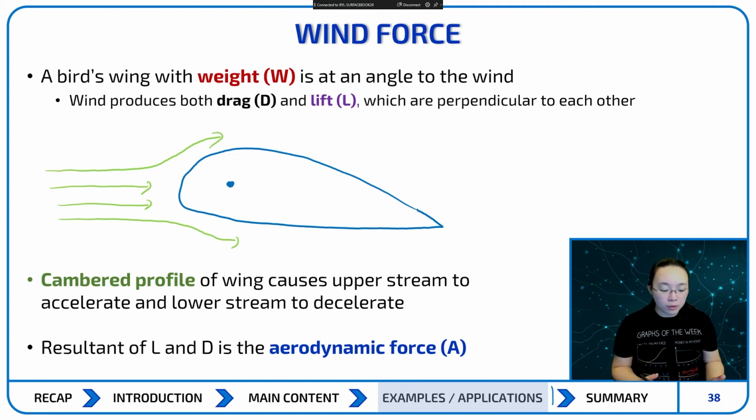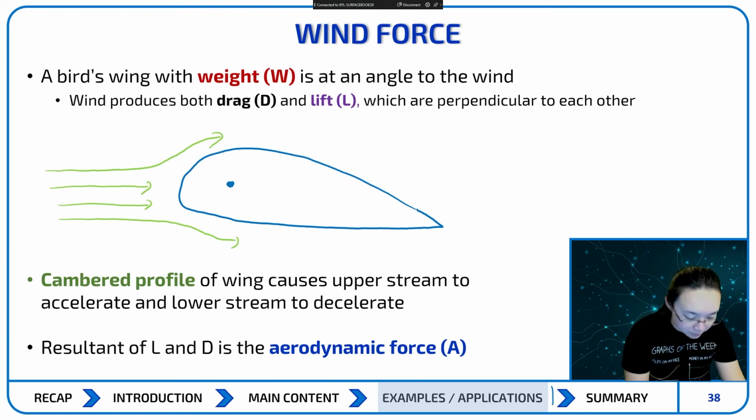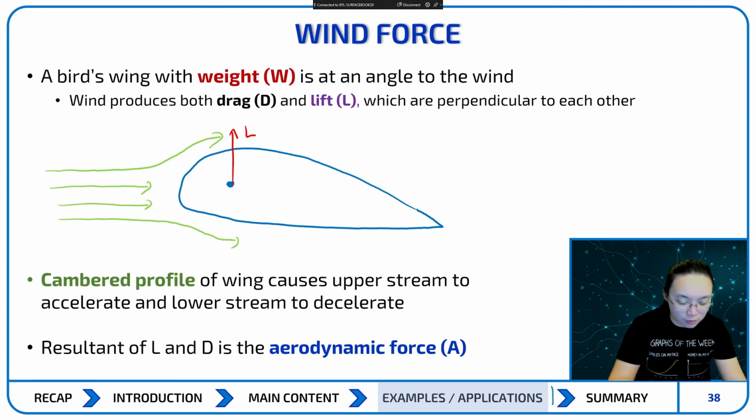So wind is going to blow faster above the wing than below, and then the air pressure above is less than below. What's happening here is that it causes an upwards lift force. So this causes an upwards lifting force. So we have L over here, and we know that it's going to go against your weight.